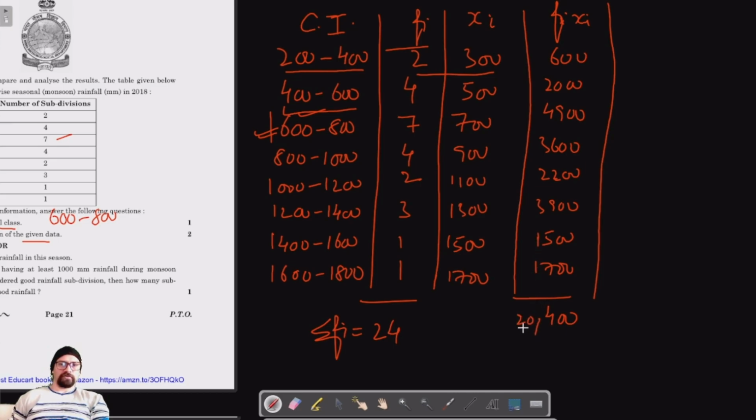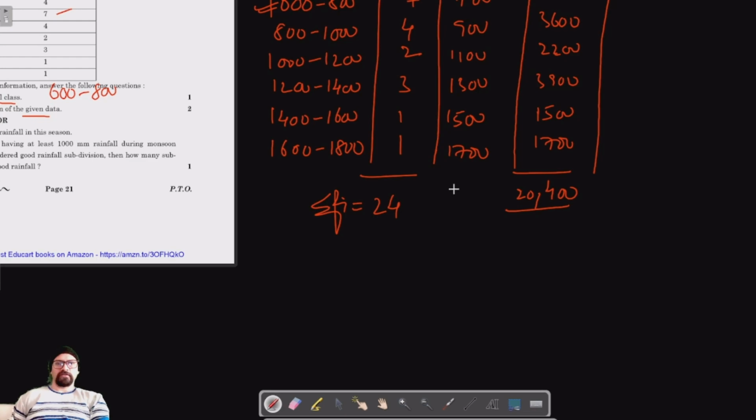So this is 20,400. This is sigma fi into xi, and mean is sigma fi into xi divided by sigma fi.